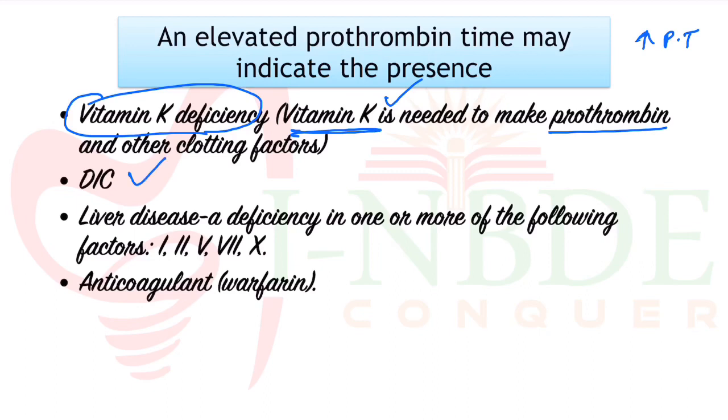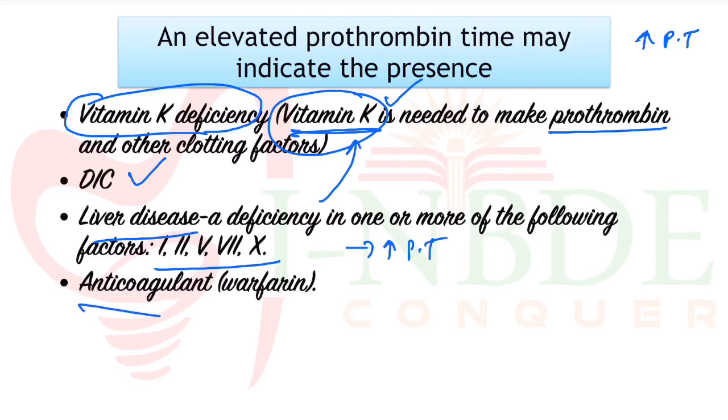Apart from this, DIC, disseminated intravascular coagulation, is another condition where you can see an increase in PT. Liver disease also does, because vitamin K is synthesized in the liver, so indirectly it causes a deficiency of the factors, which leads to an increase in PT.